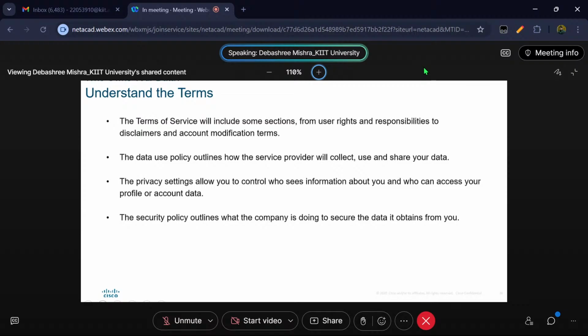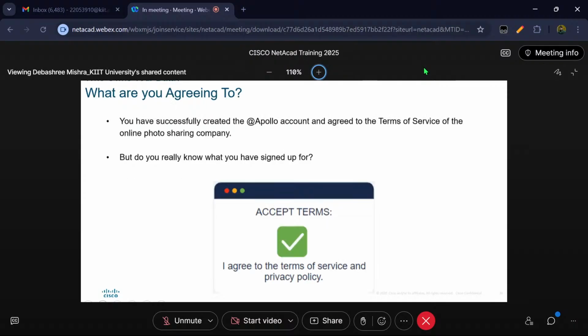So these are the security policies that come from the company side to secure your data, whether you are using the AWS platform or any other platform. These are certain policies and protocols that the company provides to secure your data.